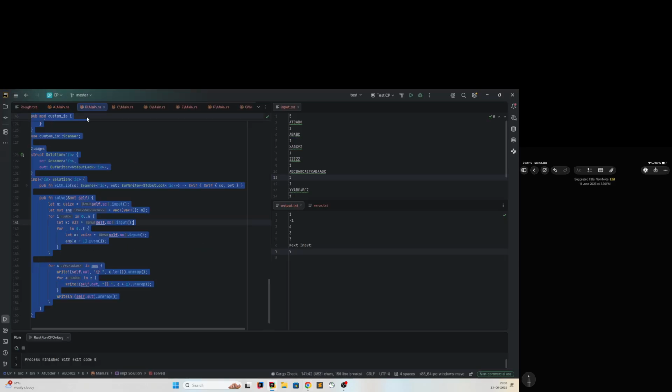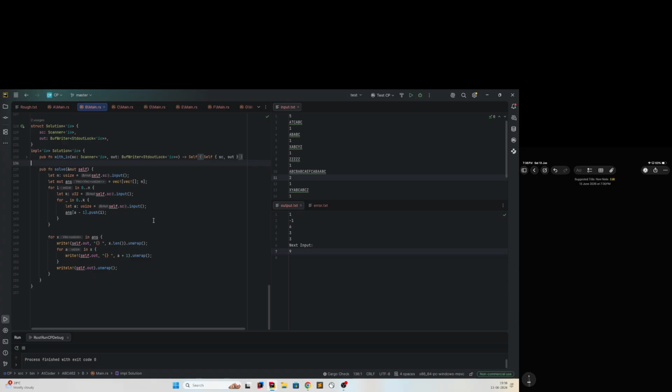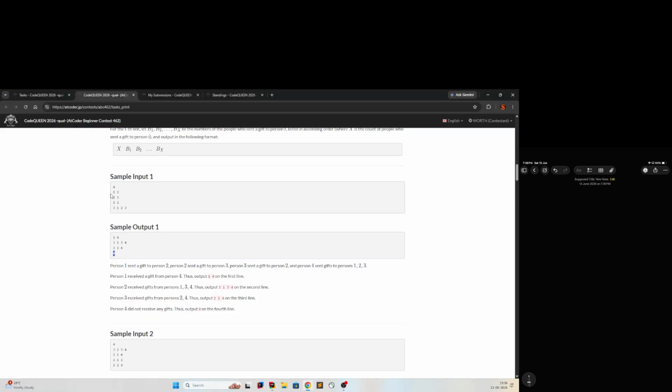So we can just maintain an array, a vector here, and then I iterate over each person. They send k gifts, so I iterate over them. For each gift, I take the input of whom they're sending to and push that into the answer. Let's say the first person sends one gift to person 2.